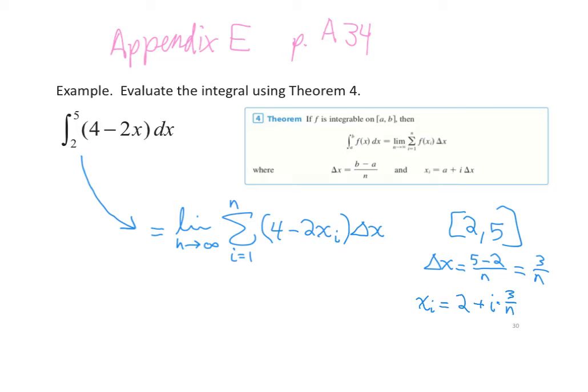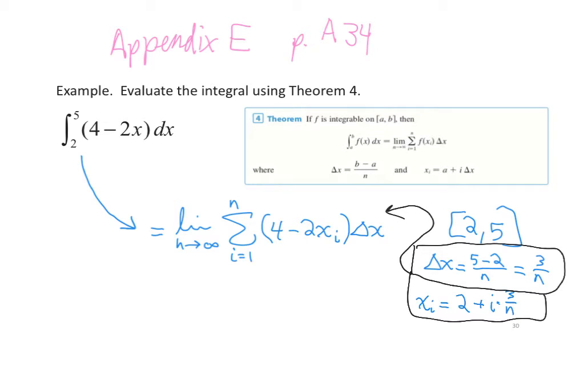All right, now we're going to plug these two things into the formula we have here. And what we're going to get is the limit as n goes to infinity of the sum from i equals 1 to n of 4 minus 2 times, what did we say xi was? xi is 2 plus i times 3 over n.